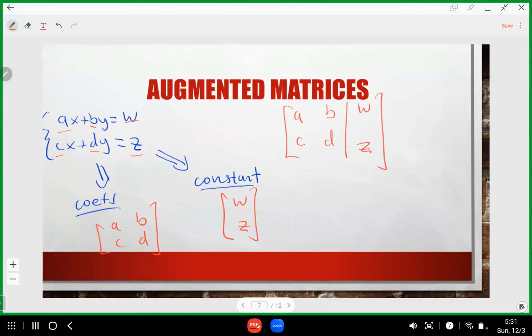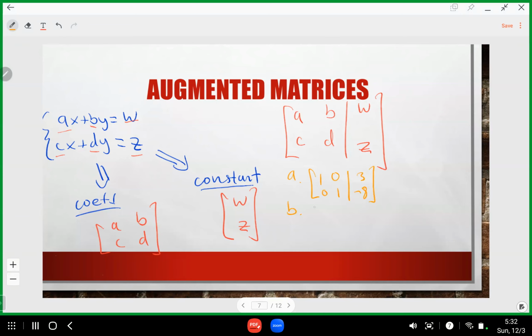So let's try to interpret some of these augmented matrices actually. Let me give you a couple of problems and then I'll give you a couple moments to solve them. So like, A, let's just say 1, 0, 0, 1, 3, -8.